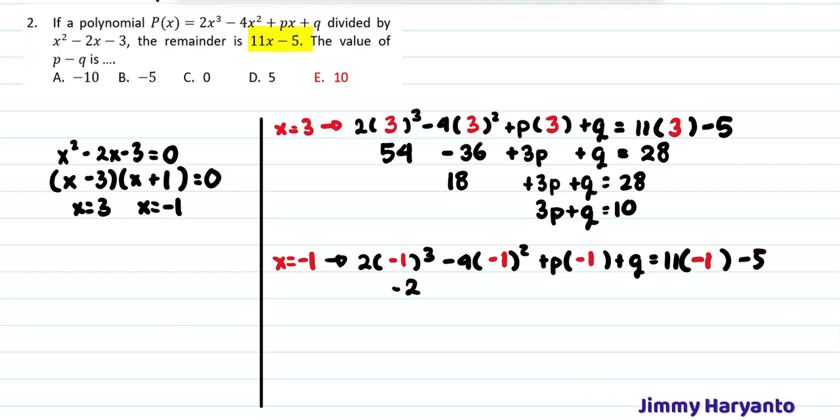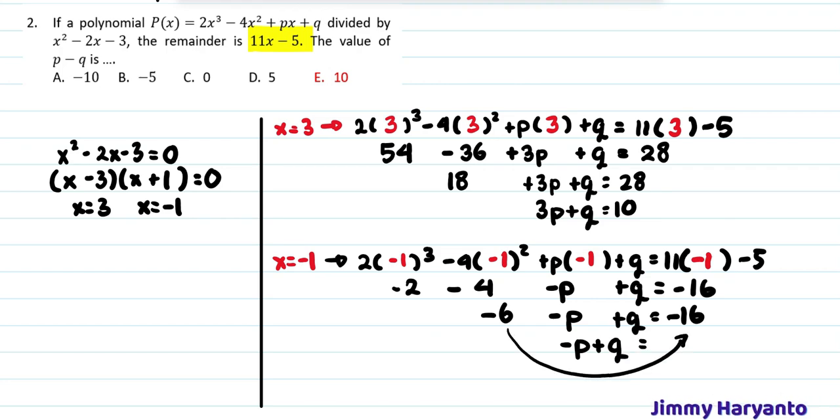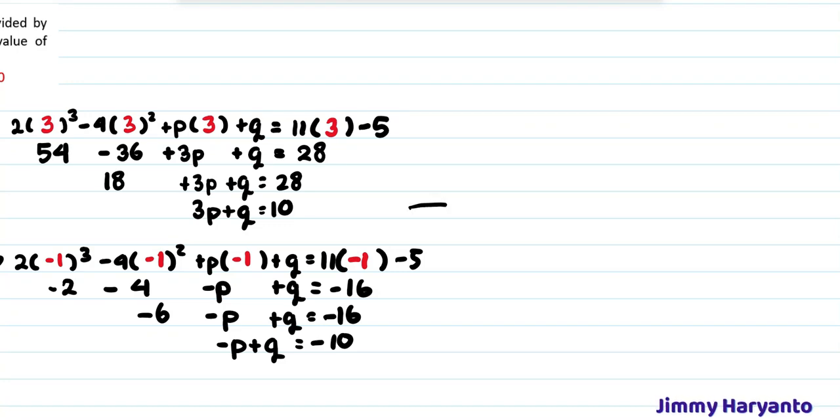This one is -2, -4, -p plus q equals -11 minus 5, -16. So -6 plus -p plus q equals -16, and then -p plus q equals, move the -6, you will have -10.